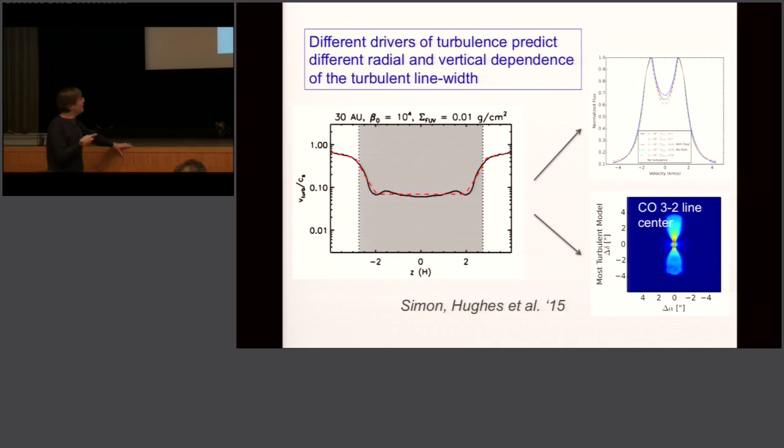And what's found is that from these simulations, you predict that the difference between completely non-turbulent models and the most realistically turbulent models is maybe 10 or 20% in the depths of the troughs of these double-peaked line profiles that might be seen from these disks. And then there are some additional constraints from looking at the morphology of these channel maps. So this is work that's in progress, both from a theoretical point of view and, as we heard, from an observational point of view.